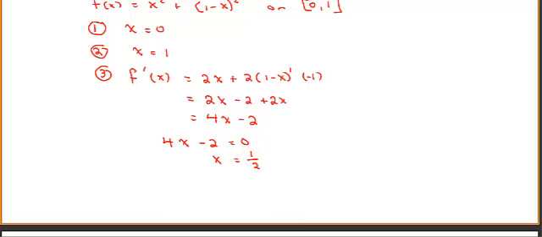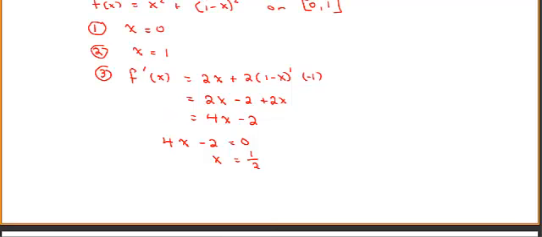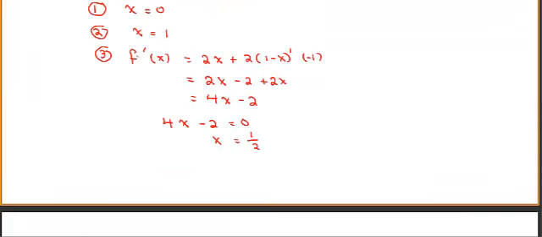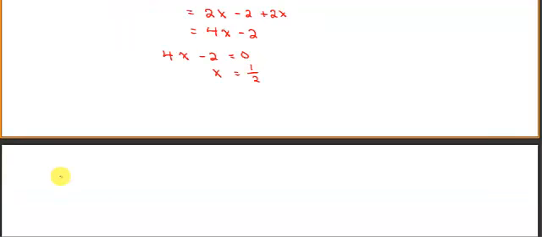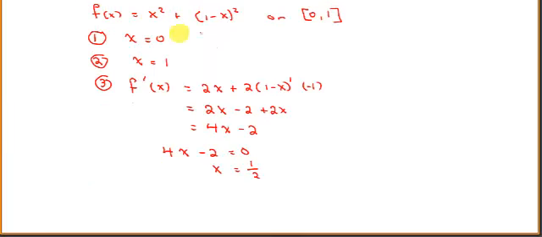All right, and now what we could do is check the value at 0, at 1, and at 1/2. Let's take a look. Remember our function was x squared plus 1 minus x squared.